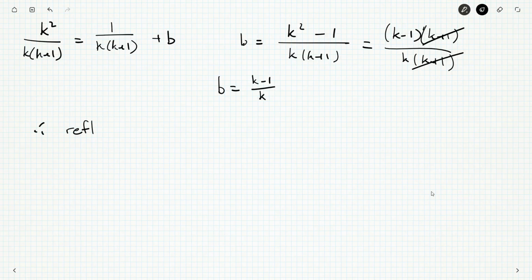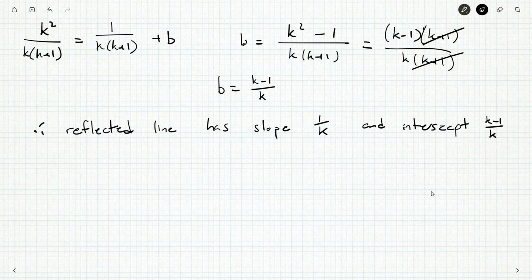So our reflected line has slope 1 over k and intercept k minus 1 over k. Alright, and so in general it looks like y equals 1 over k x plus k minus 1 over k.